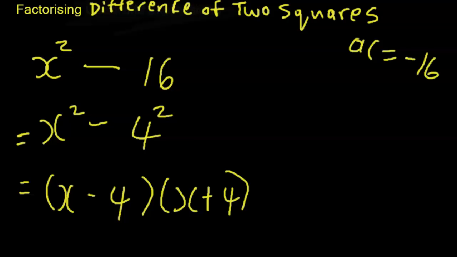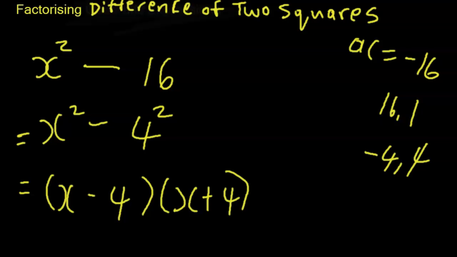So you need these two numbers. What numbers multiply to give 16? 16 and 1, and 4 and 4. And obviously, one of them has to be positive and one negative, because when you add them, you need to get 0. Good.